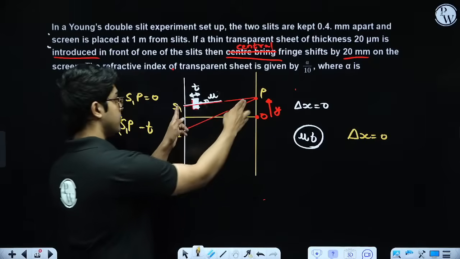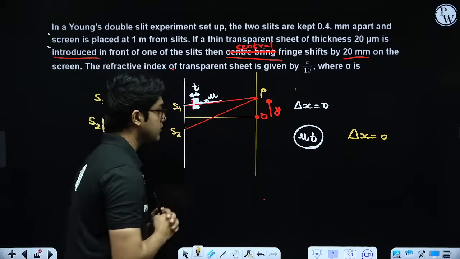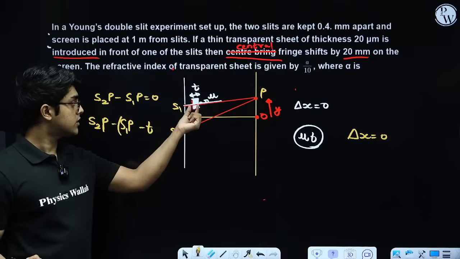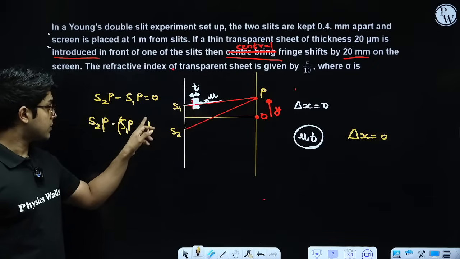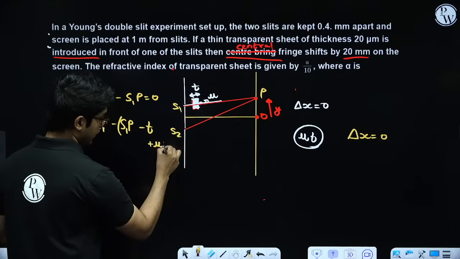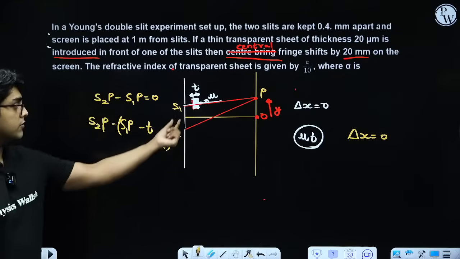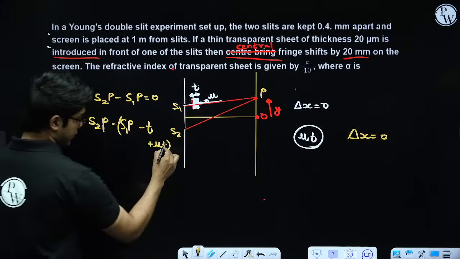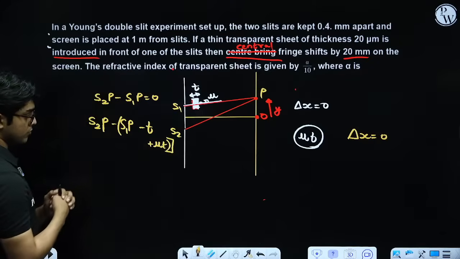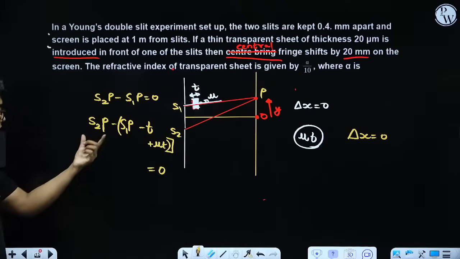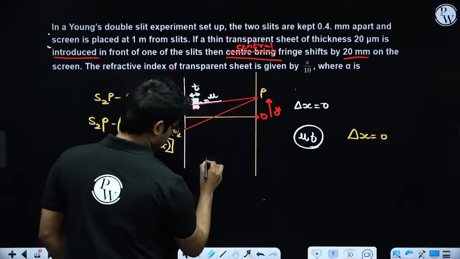So from this S1P length we subtracted this t length, because it's not vacuum there anymore, it's glass slab. So we subtracted the t and we added a mu t. Mu t is the new optical path because of the glass slab being present there. So this is going to be the new path difference, S2P minus S1P, and we have to set it equal to 0.